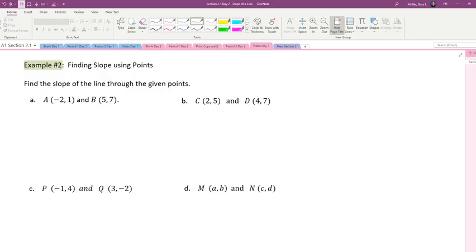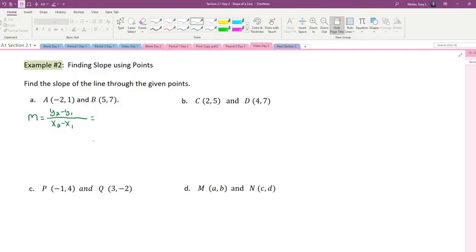We can confirm it with a graph if we want to, but all I need to do is just know that slope, which is abbreviated as m for reasons I don't remember, is y2 minus y1 over x2 minus x1. Now, for the record, it does not matter which point you call the first point and which point you call the second point. It does not matter at all. You just have to be consistent.